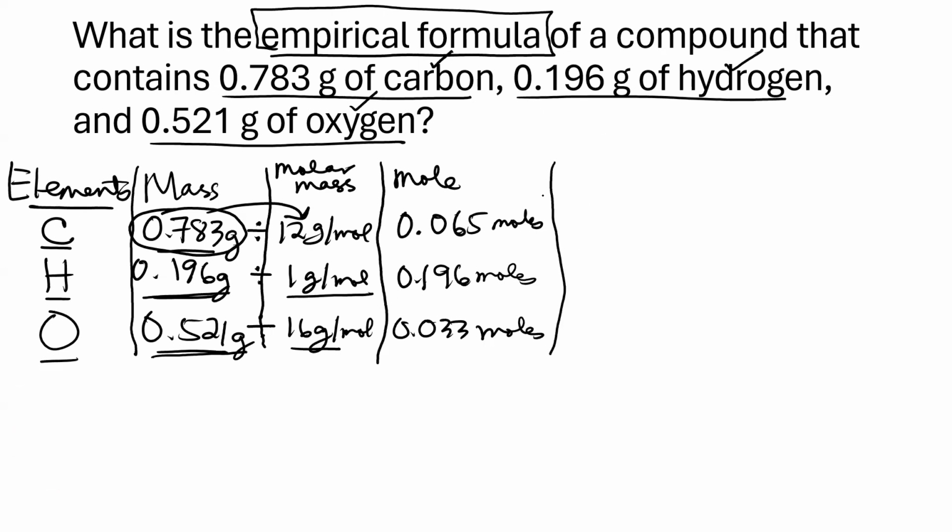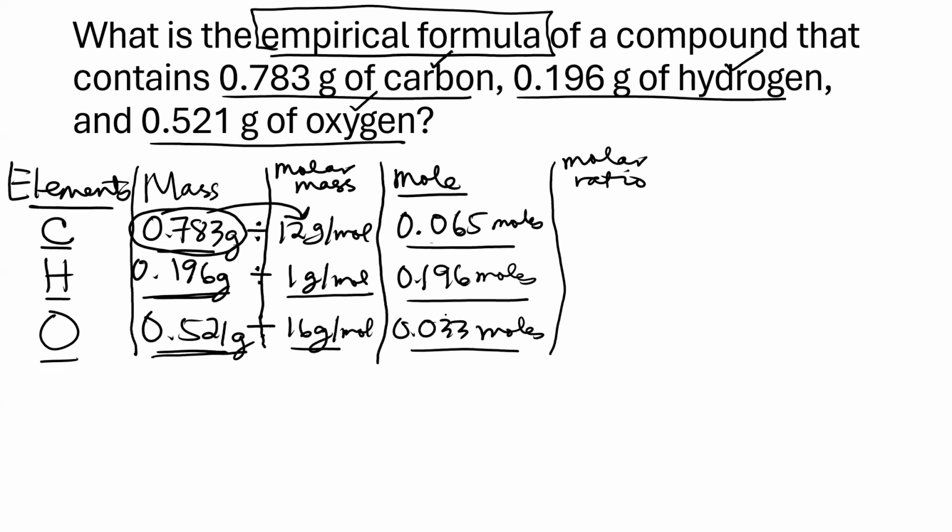The next step after getting the mole values for each of these elements is to get the molar ratio of each of these elements within the compound. To determine that, we look at the mole values that we've calculated for each of the elements and choose the lowest mole value among them.